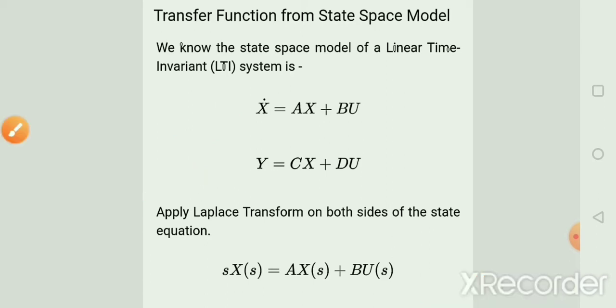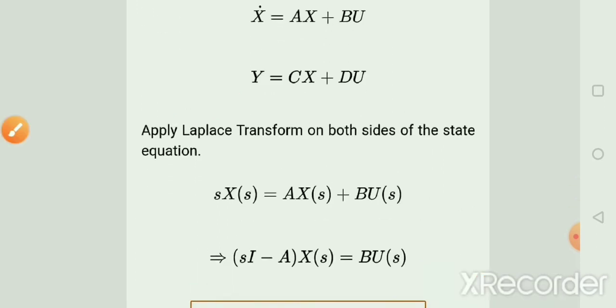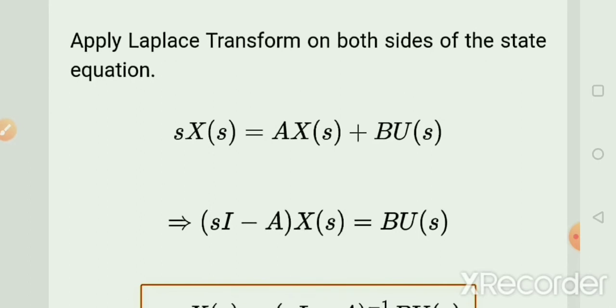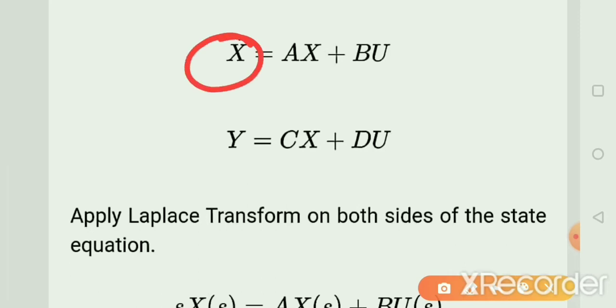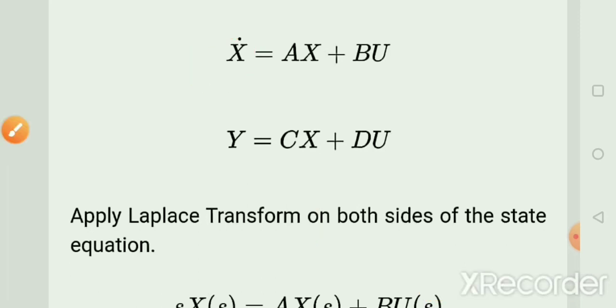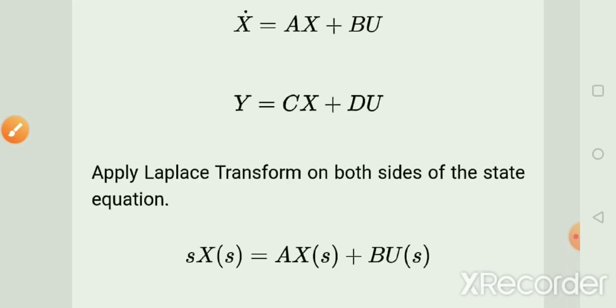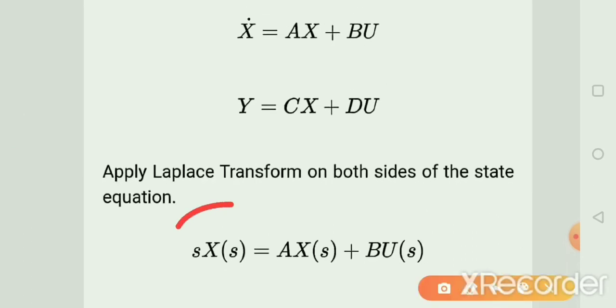Now we take the Laplace transform on both sides of the state equation. The Laplace transform of x dot is sX(s), and the Laplace transform of x is X(s) and u is U(s). Here A and B are constant matrix values.